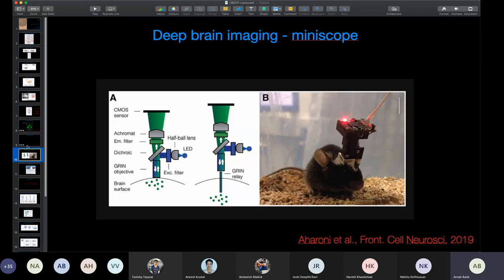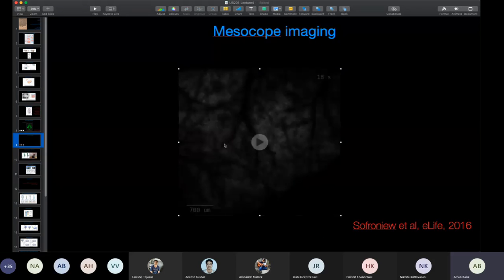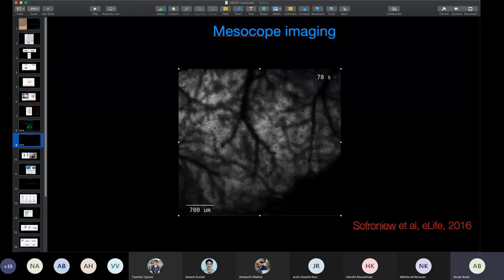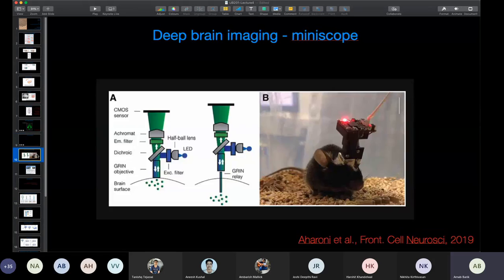And you can do similar things to what you saw here from the deep brain region. This happened because scientists who were electronics engineers came together with biologists and developed something like this.